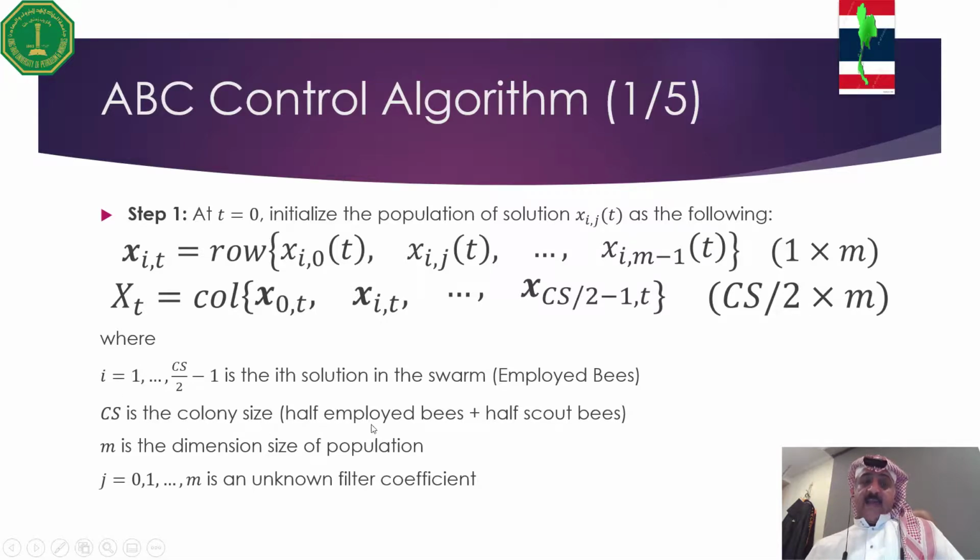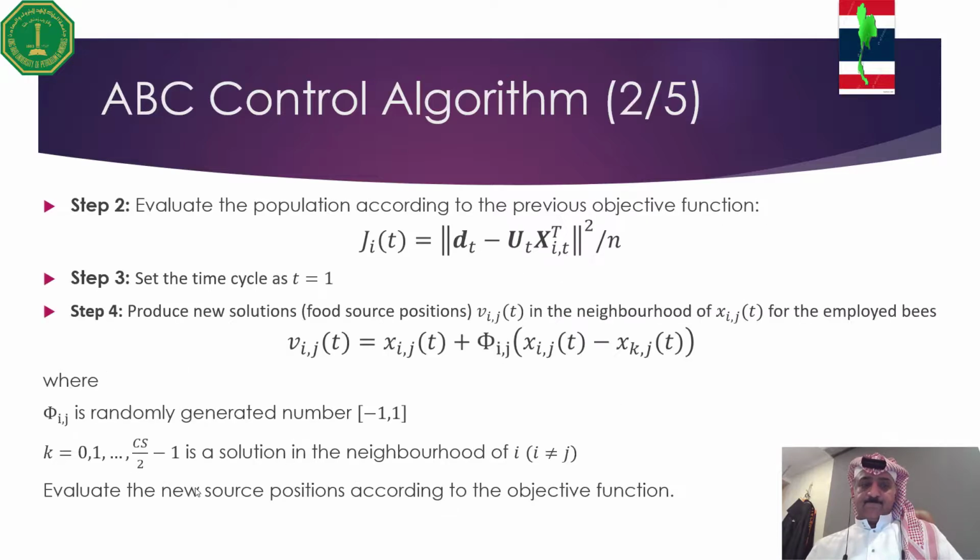It is the colony size. Half of it we call employee bees, and the other half is called scout bees. So i equals 1 up to CS by 2 minus 1 employee bees, and M is the unknown filter, which is the vector of unknown estimates.